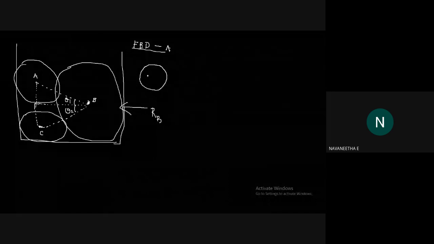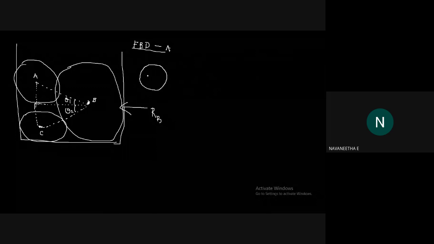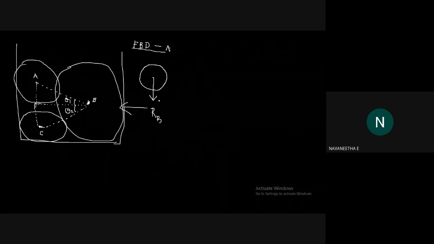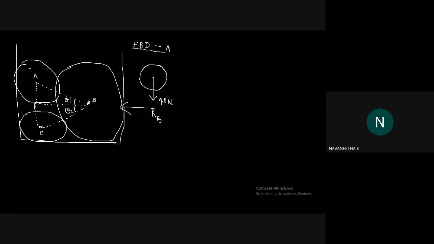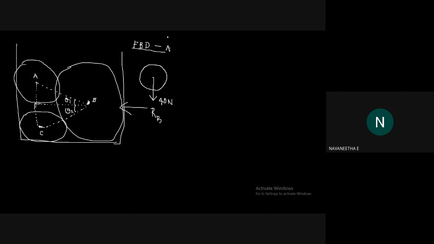First of all, you will need to consider the weight of cylinder A. What is the weight of cylinder A here? In the question, it is given as 40 Newton, acting in the downward direction. And it is in contact with the left side vertical wall, so there should be a reaction force from the vertical wall towards ball A. So it is RA.